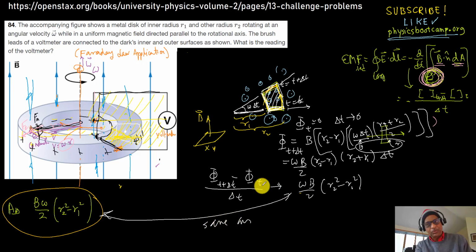Now this is another way of doing it, using the mathematical formulation of Faraday's law, but this is much more convoluted and looks a little bit difficult to apply, and that's why my preferred method is the one that we did the earlier way. Okay, so that was a good little sidetrack.